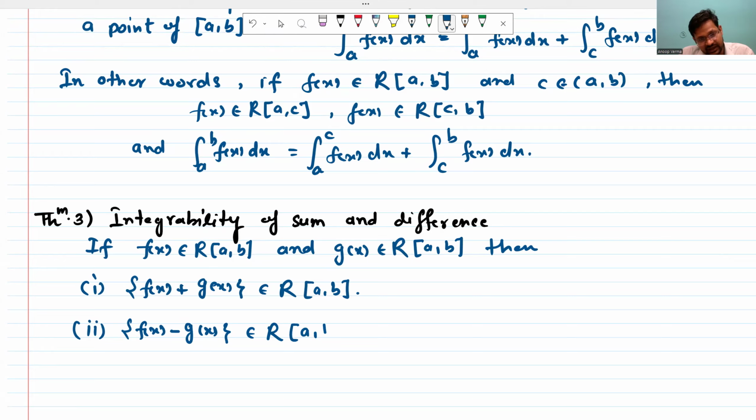It means the difference and sum both will be R-integrable on this closed interval [a, b]. Okay, so hope you understood these theorems well.